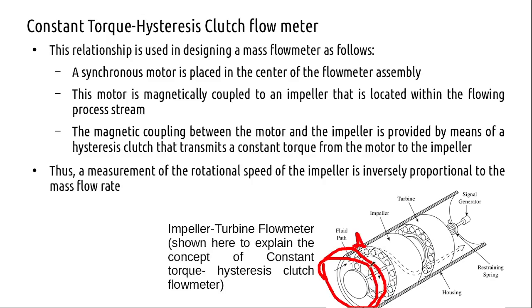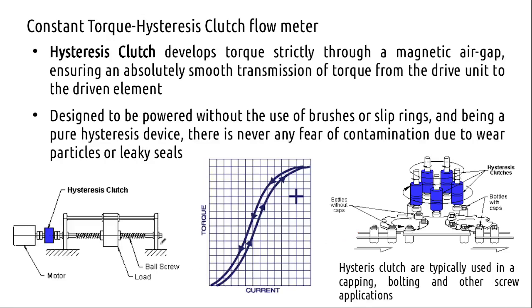You will be coupling energy to this impeller using this hysteresis clutch. So this is an electromagnetic clutch. This is the hysteresis clutch mechanism. It develops a torque through a magnetic air gap, and since the torque-current relationship is like a hysteresis loop, it is called a hysteresis clutch.